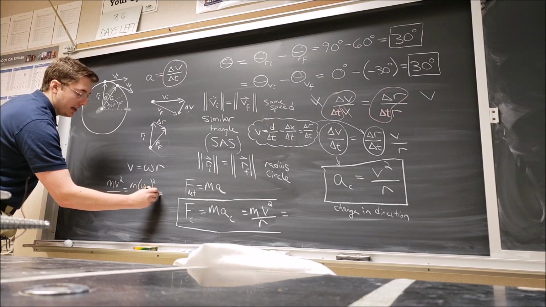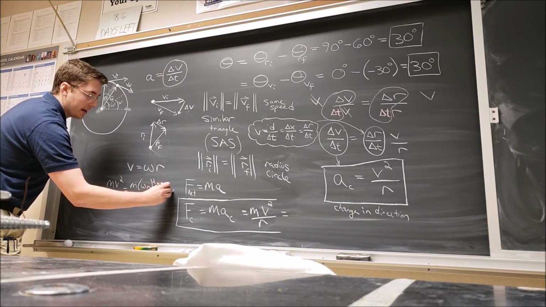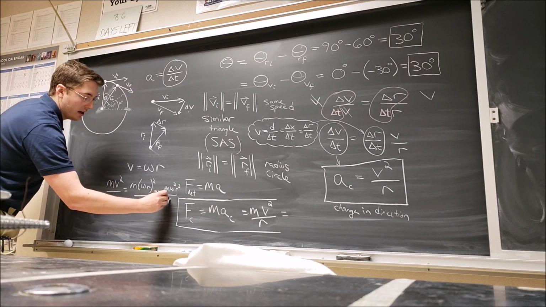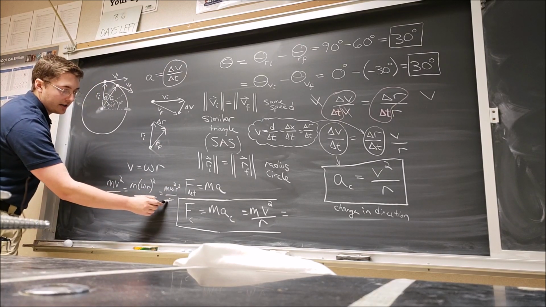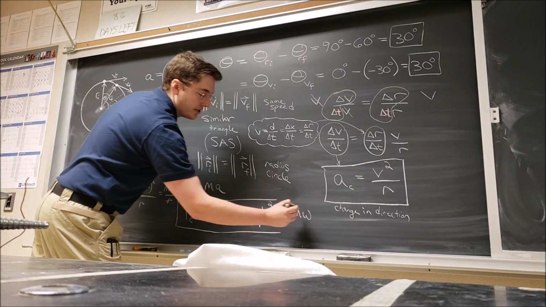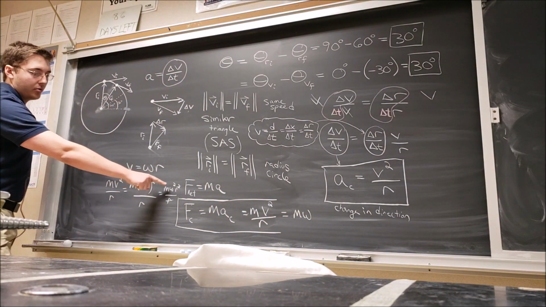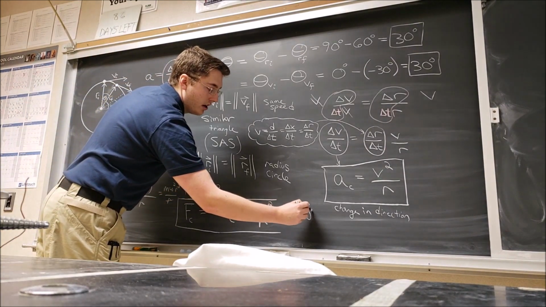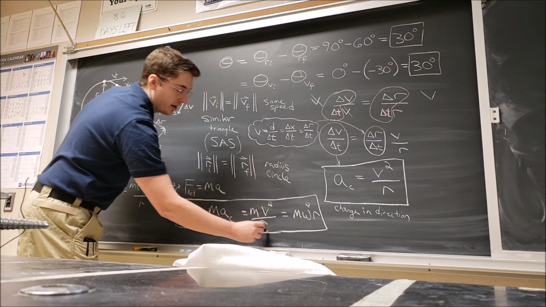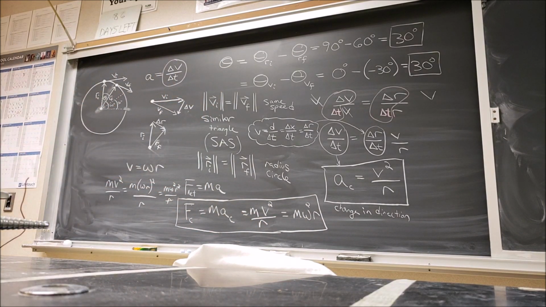And that is just m omega squared r squared over r. And then one of those r's cancels, and you're left with m omega, that's your angular velocity, squared r. Okay, so this stuff right here is equal to your centripetal force.